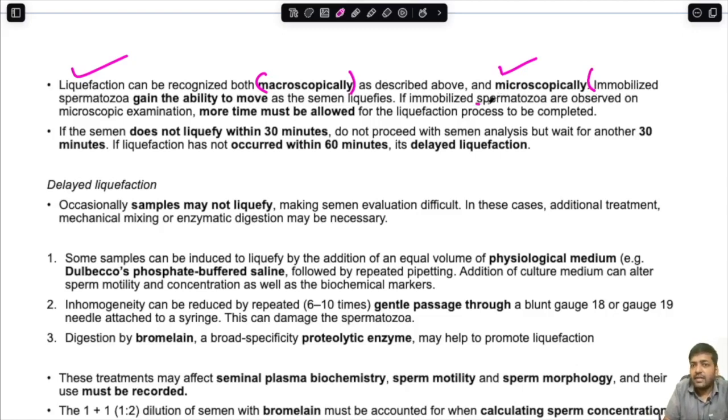If immobilized spermatozoa are observed on microscopic examination, more time must be allowed for the liquefaction process to be completed. So this is how microscopically you can judge liquefaction. These are very relevant questions that the examiner will ask you, that how are you going to recognize liquefaction macroscopically as well as microscopically. It's very important to understand.